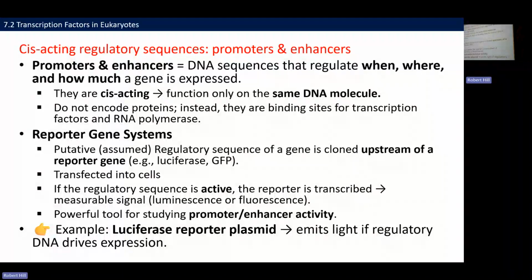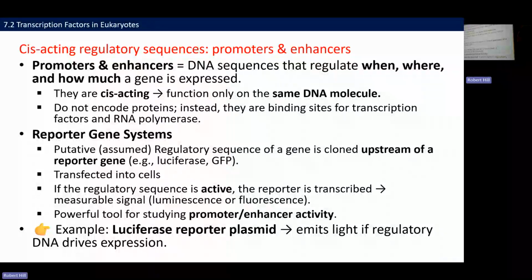So how would one identify putative sequences? So these are sequences that we assume to be regulatory. Right? So how do we identify these cis regulatory sequences? And one way to do that is to use a reporter system. Right? The most common ones utilize luciferase. Luciferase is an enzyme that produces light.